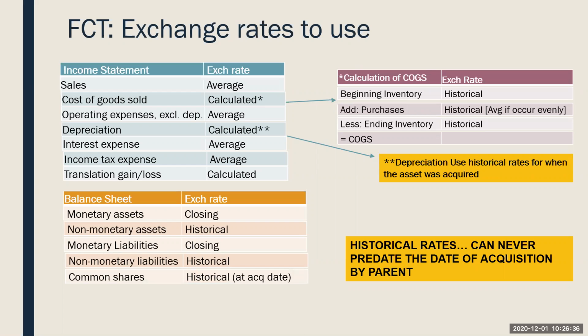Common shares are translated using the historical rate at the date of acquisition. Retained earnings, the amount is to be calculated. So beginning translated retained earnings, add the net income calculated in the income statement, minus the dividends translated using the rate for when the dividends are declared. If there is accumulated other comprehensive income, then that will be a calculated amount.